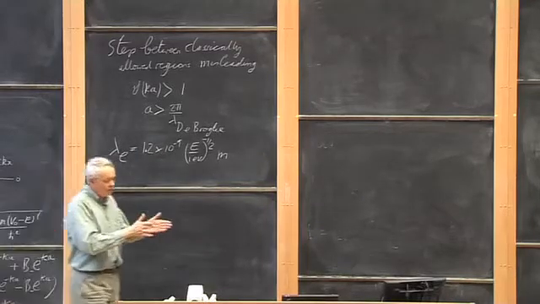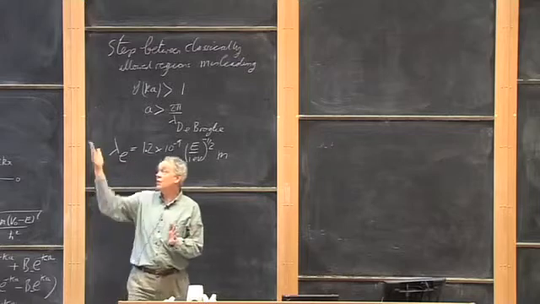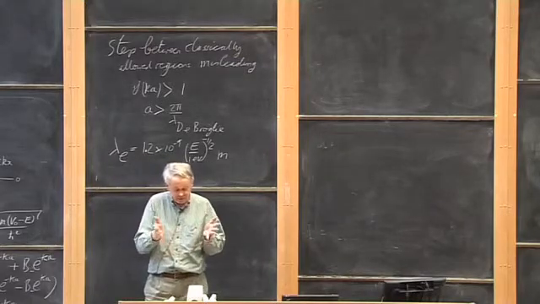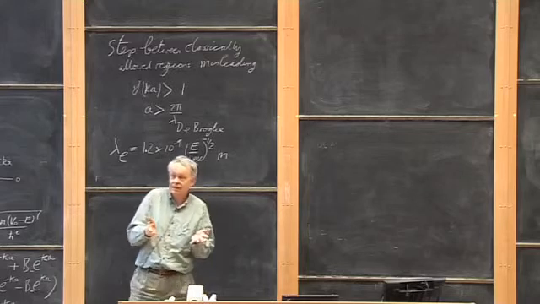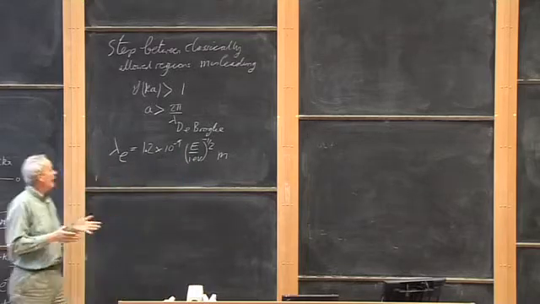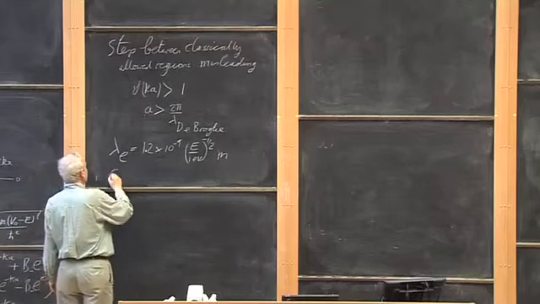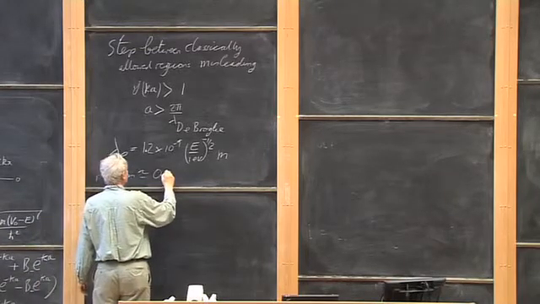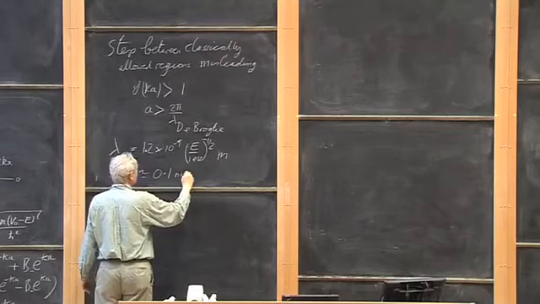Why? Because the photons we're bouncing off the windows have wavelengths of 500 nanometers or something. And the size of an atom is, of course, on the order of 0.1 nanometers.